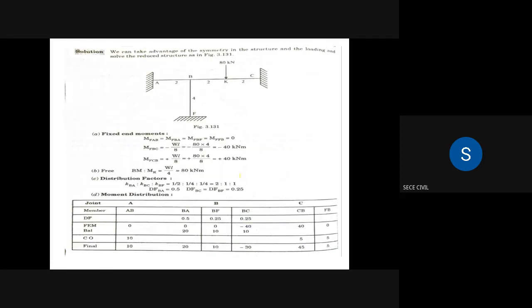This particular member, CG, is common to both the left side and right side, so we are not taking this vertical member. We are taking only the three members AB, BC, BF on the left side, and on the right side CD, DE, DH.